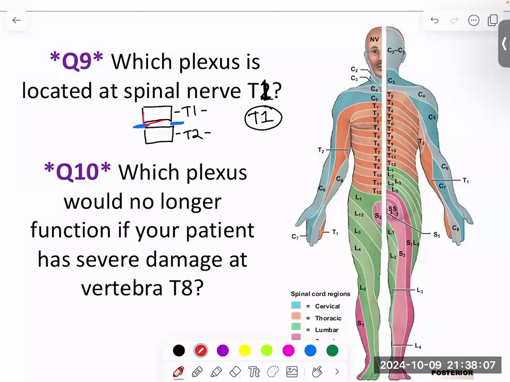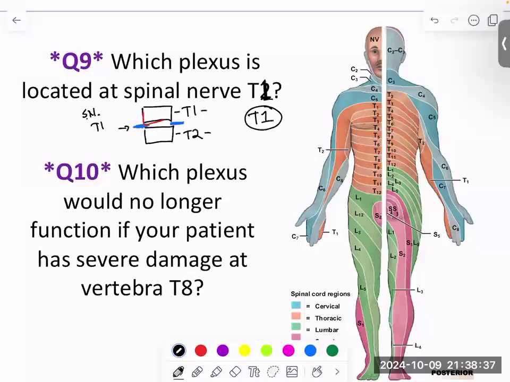And you will have to know if this is T1 spinal nerve, which plexus is it going to affect? The brachial plexus. Your patient may feel pain in their arm, even though there's nothing wrong with their arm when this happens. When it's pinching a spinal nerve.